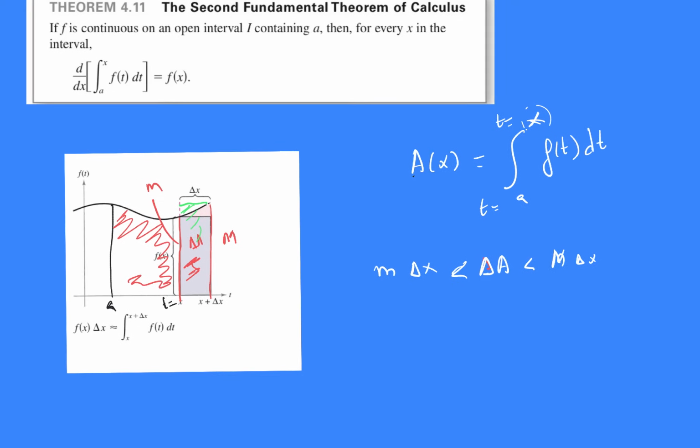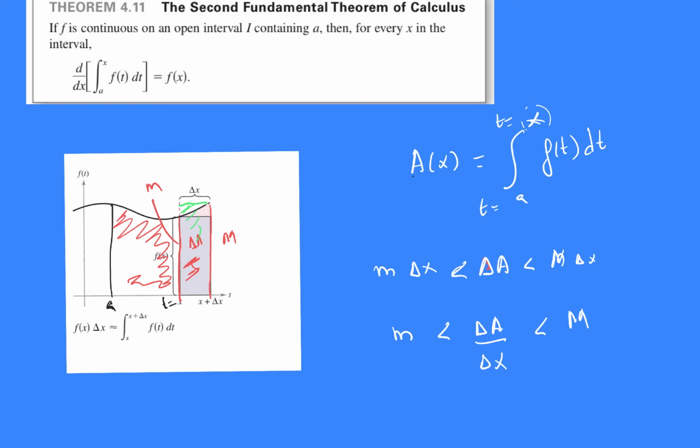So in this equation I have that m is smaller than the change in area divided by the change in x, and that is smaller than M. Now comes the tricky part. Make delta x become very, very small.